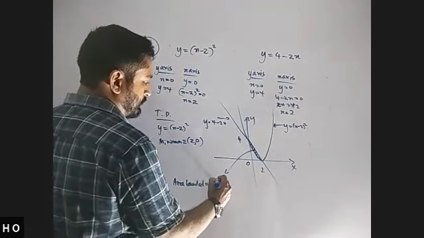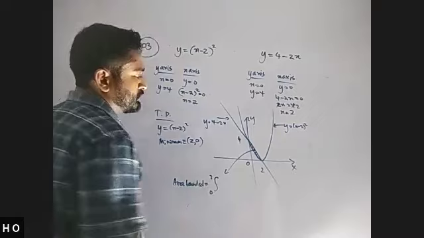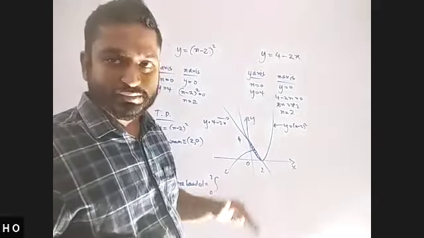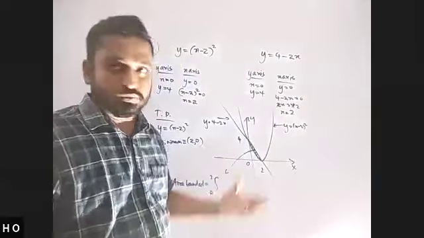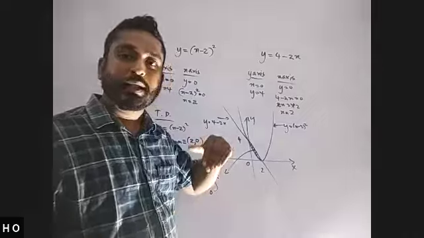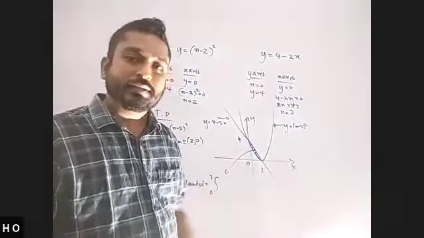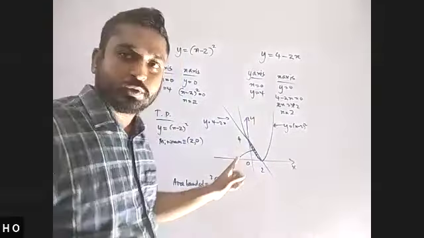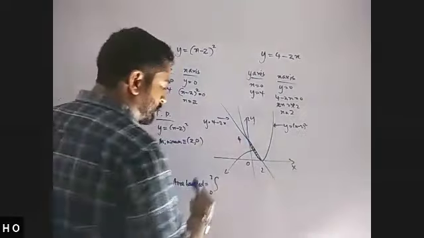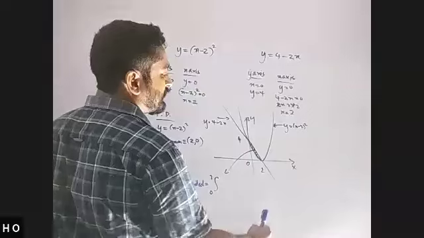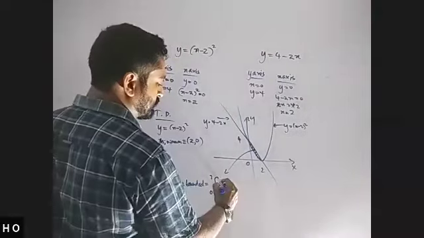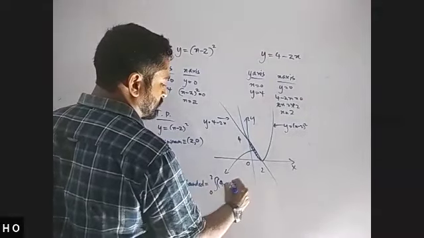Area bounded equals integral from 0 to 2, because we have to have x-axis values, because it is about the input. The output will be the graphs and the area. So 0 to 2, you have to note down here as boundaries. So the larger area is with the straight line 4 minus 2x.